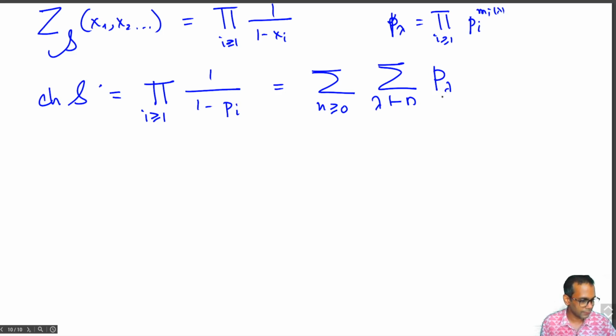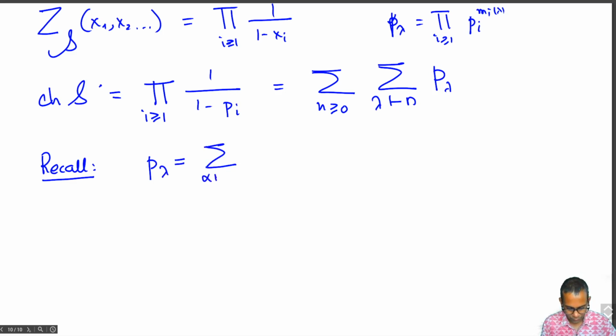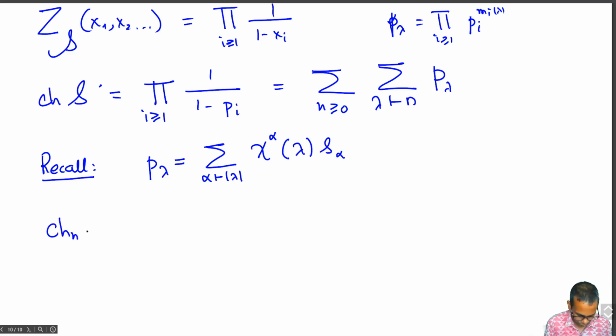Recall that p_lambda is given by the summation over all partitions alpha of chi^alpha(lambda) s_alpha.